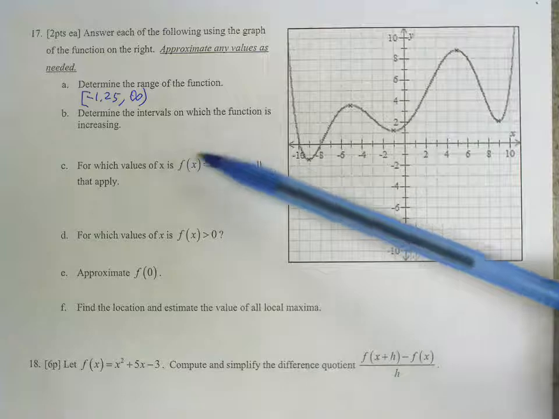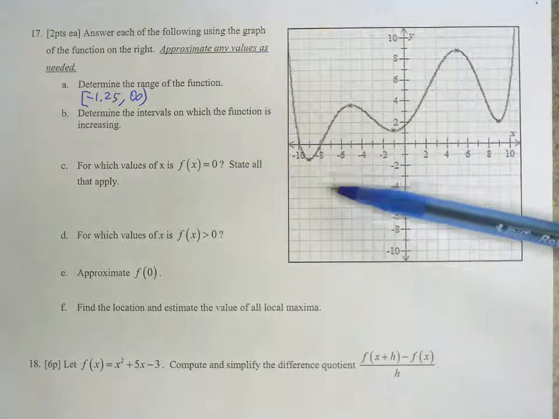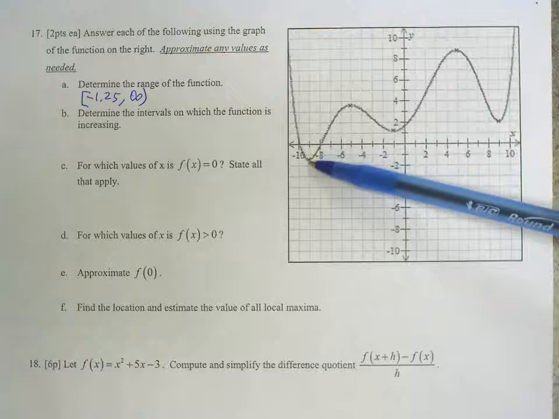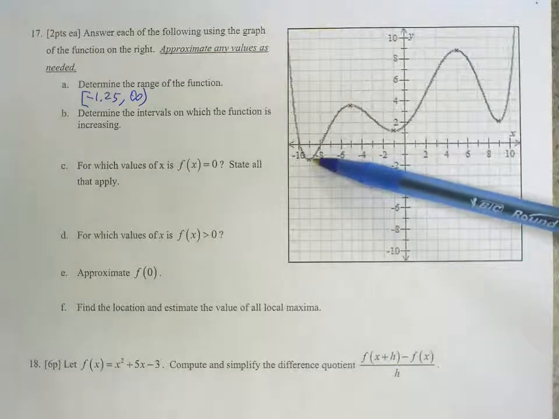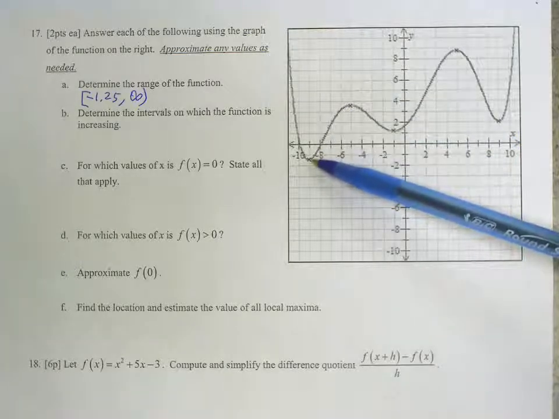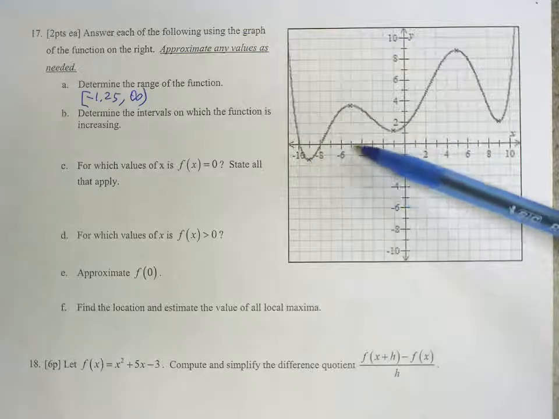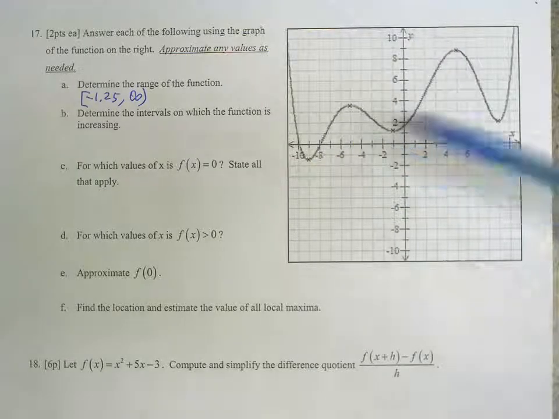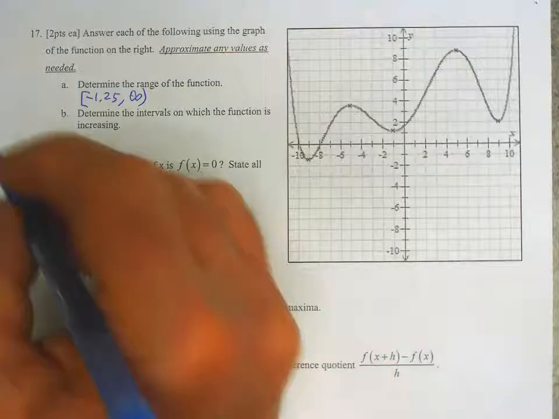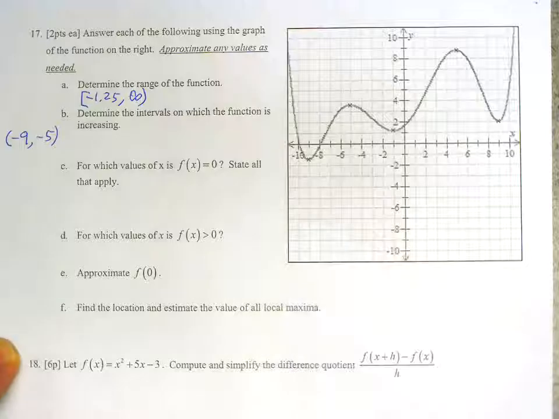Determine the intervals on which the function is increasing. As you look at it from left to right, the intervals where it goes uphill, that's where it's increasing. So the domain interval where it's increasing here is from -9 to -5. I'll list that, -9 comma -5.